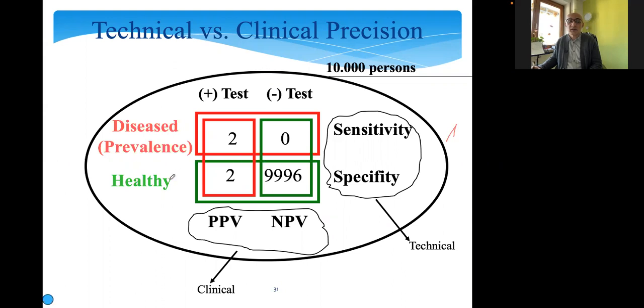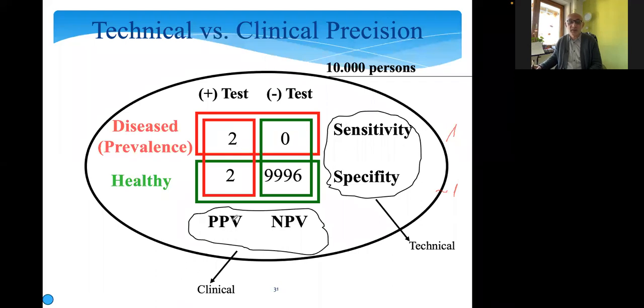Specificity is about the healthy people. Among the healthy people, what is the probability of returning a negative test? That is 9,996 divided by 9,998. So this is also almost 1, it is 0.98 or something, I believe. So this is our sensitivity and specificity.